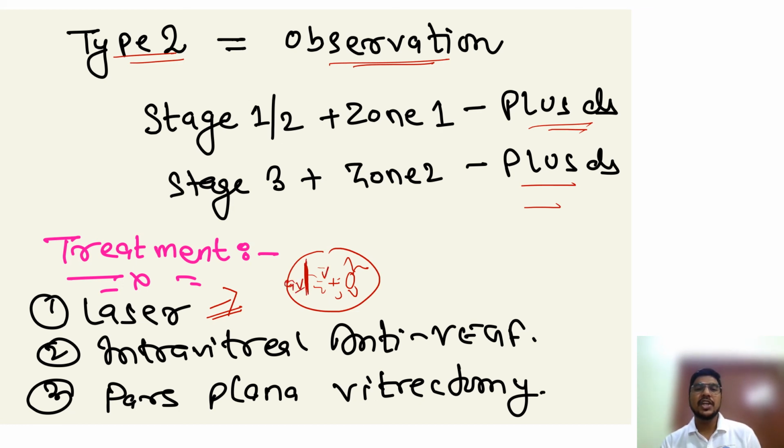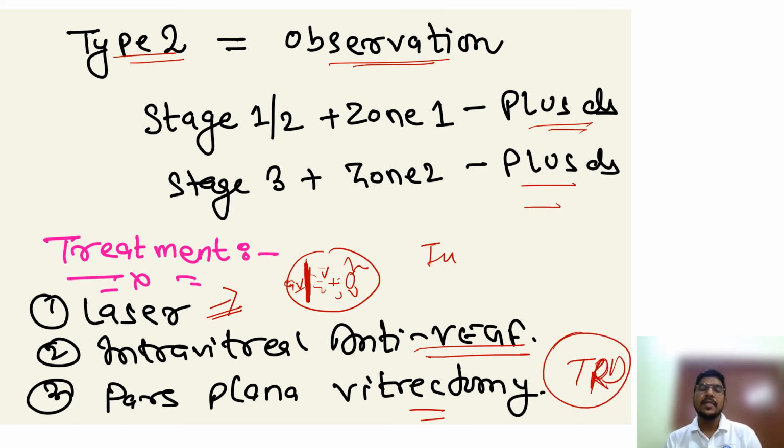So at the junction of vascular and avascular retina, you are going to do laser. Also, you are going to put anti-VEGF to inhibit VEGF secretion. And if tractional retinal detachment or total retinal detachment takes place, then you are going to do pars plana vitrectomy in this type of patient.